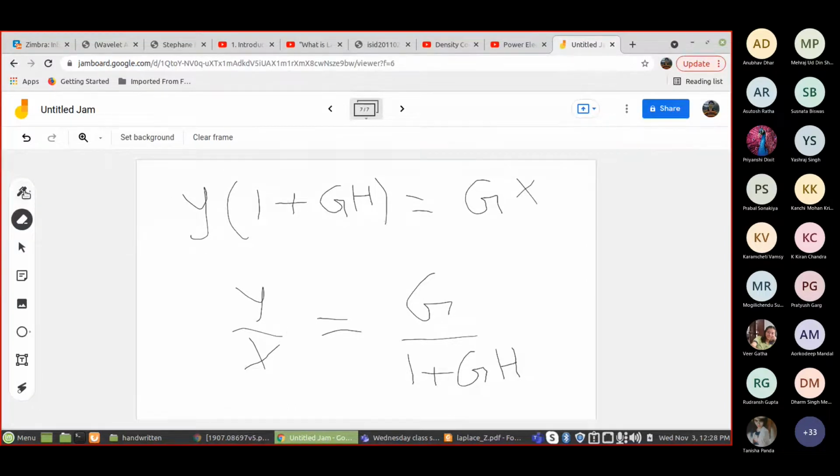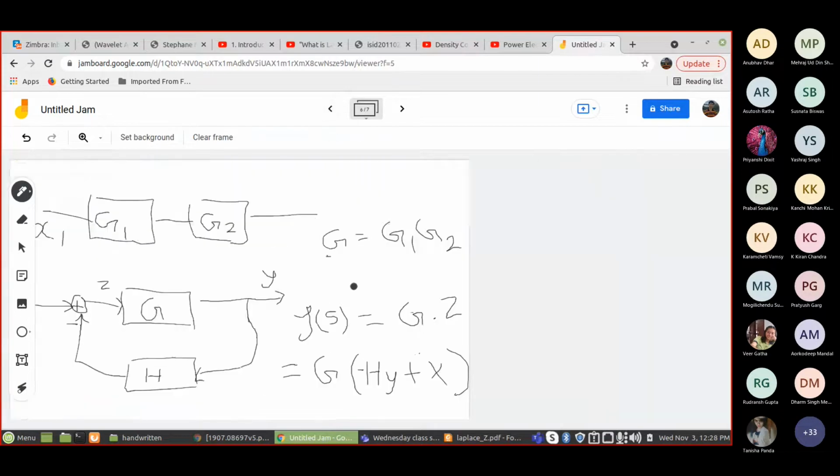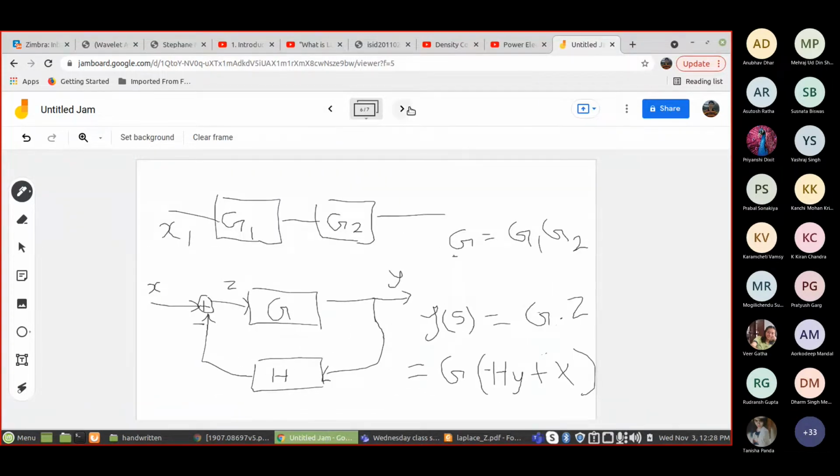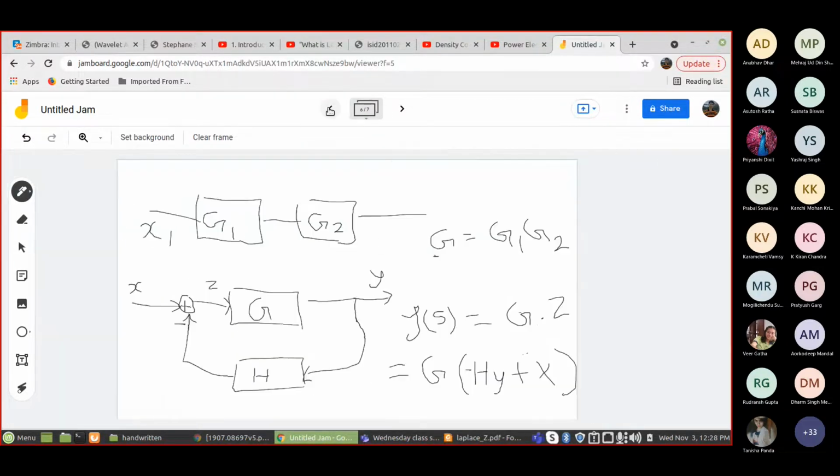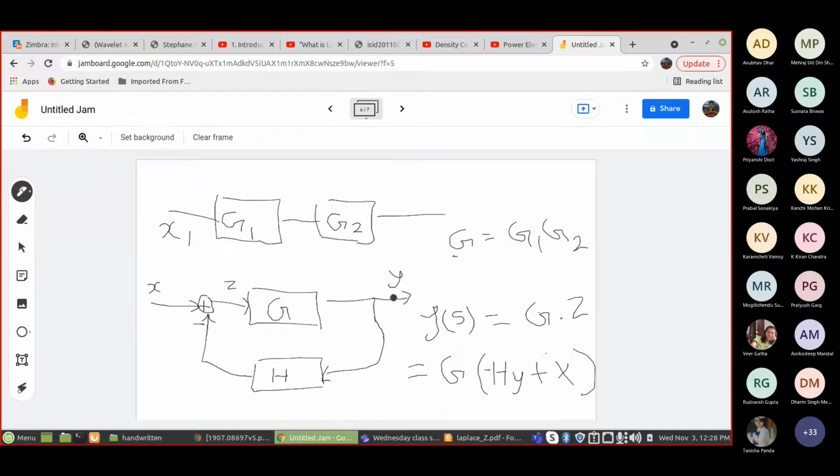So y over x for systems with feedback of this kind. If h is unity, that is, if this is just unit gain, then you get g over 1 plus g. You will encounter these types of arrangements, and for the equivalent transfer function, you can use these rules now to find it.